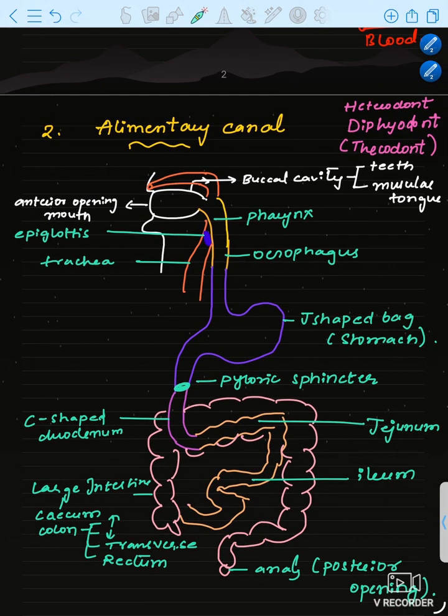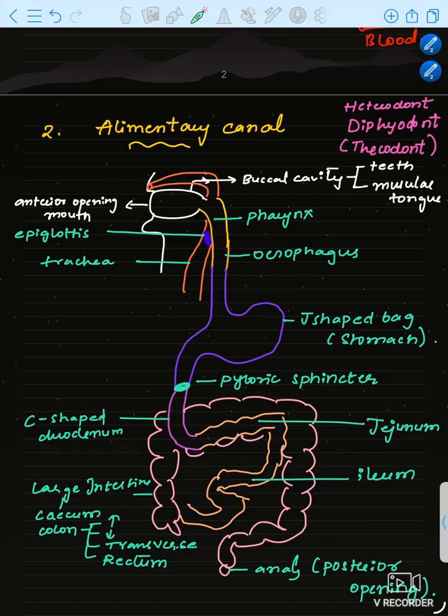For example, you are eating food and suddenly you start coughing. What's the reason? When you are eating, the main function of the epiglottis is this: whenever food enters the buccal cavity, it goes into the pharynx and then into the esophagus.